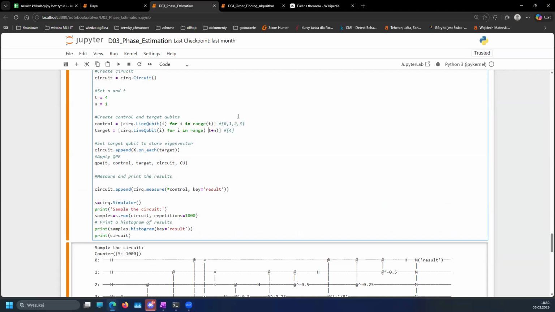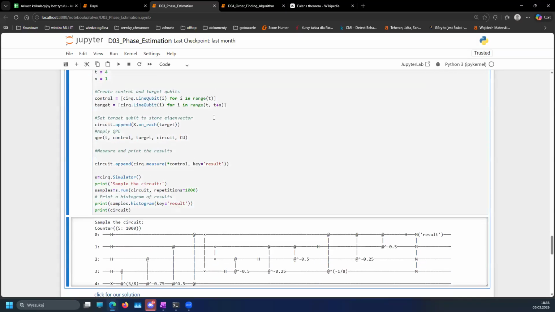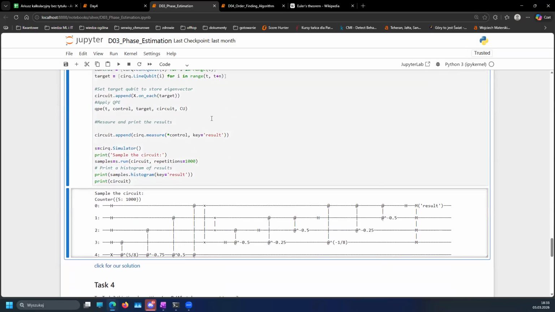But by writing this in that way, I accidentally got something like this, so I got those repeated, and I didn't want it. I only wanted the fourth qubit, so I needed to start from there. So that was the mistake. Okay, and that's it.